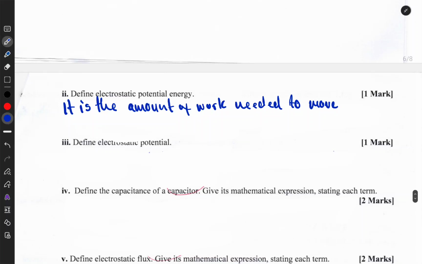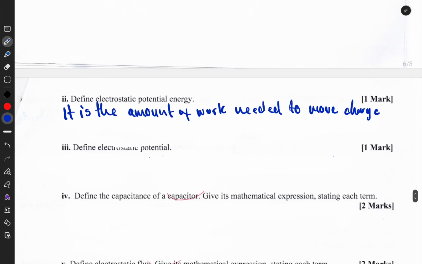Electrostatic potential energy is now the work needed to be done to move charge from infinity to a position, but it should be against the electric field.